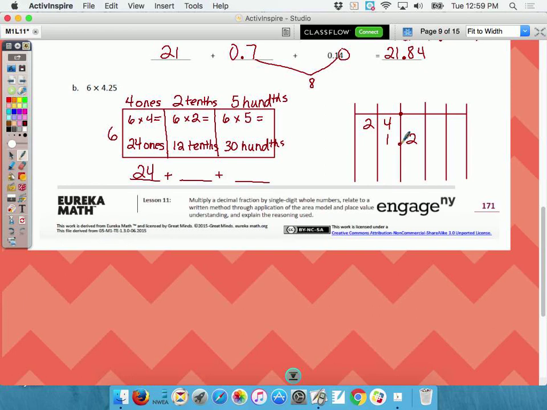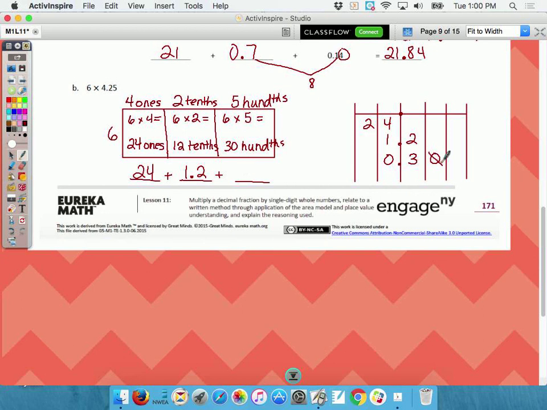So how do I write that as a decimal? 1.2. And you might already know that without putting it on the place value chart. I'm just giving you a strategy. And 30 hundredths. So the last digit I write, which is a 0, goes in the hundredths place. So how do I write that in standard form?